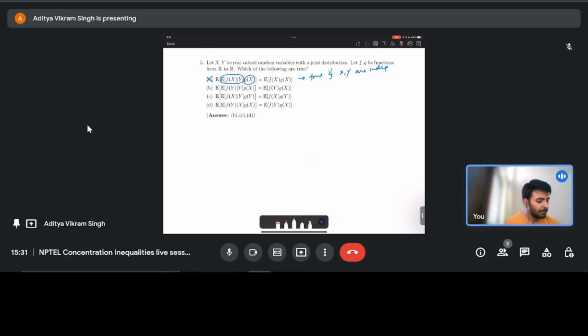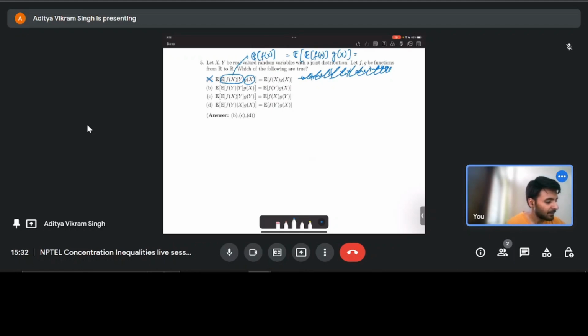Oh, and why would it be true? Because then f(x) given y would just be the expectation of f(x), and so this thing would be the expected value of f(x) times g(x). Okay, so this is not true even if they're independent. So what would this be then?